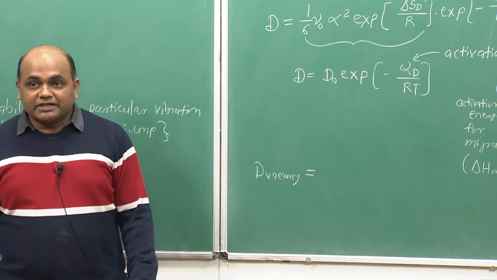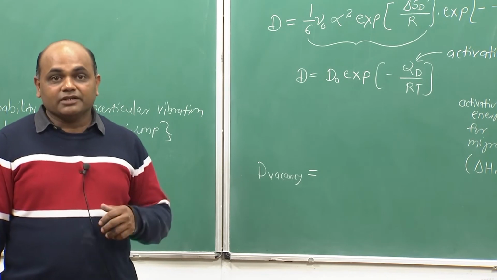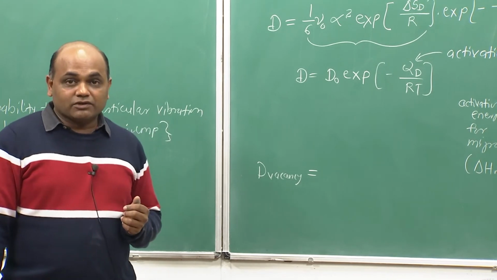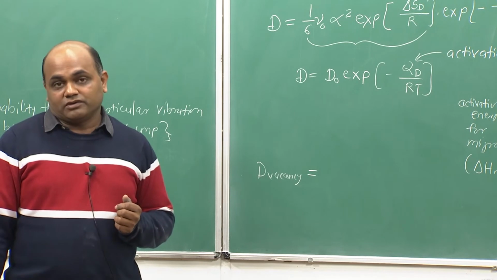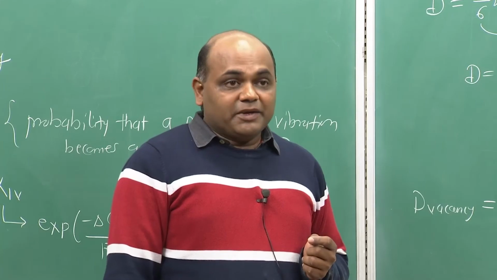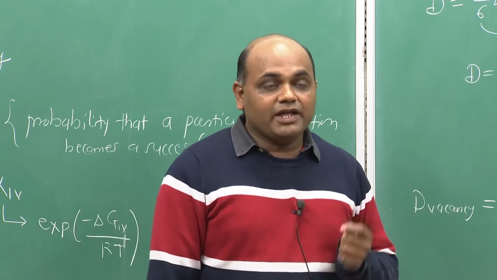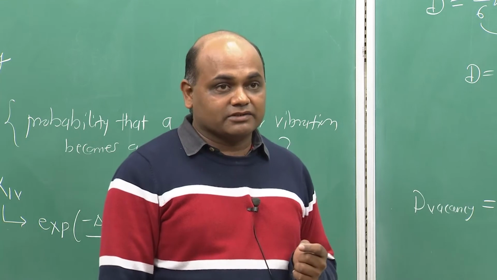At any given temperature, the vacancy concentration is very low. We have seen that close to the melting point, the equilibrium vacancy concentration is around 10 to the power minus 4, which means any vacancy will have only atoms as its nearest neighbors.